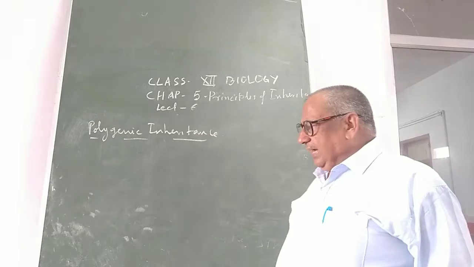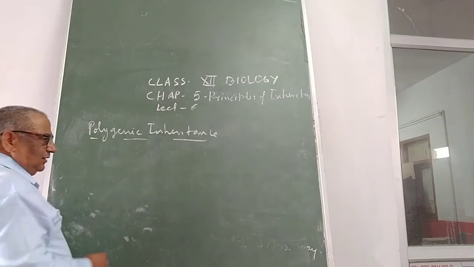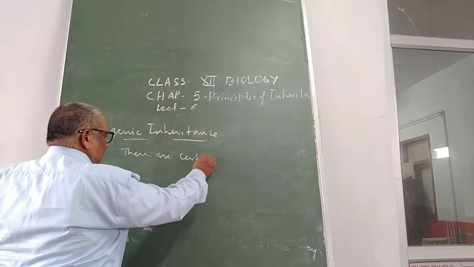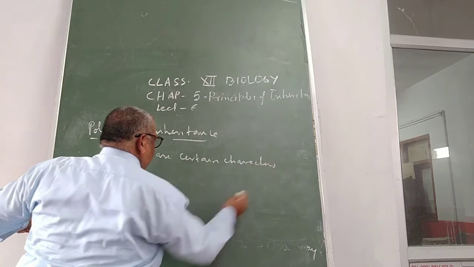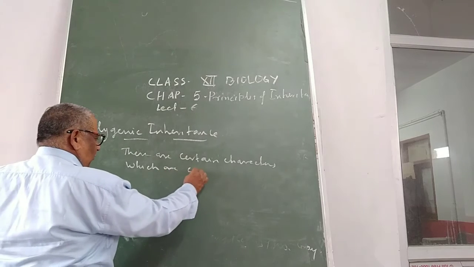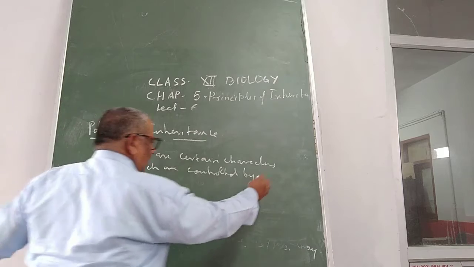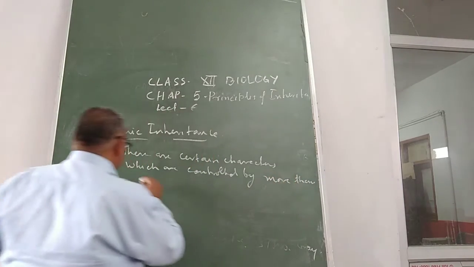So here we find that there are certain characters which are controlled by more than one gene.